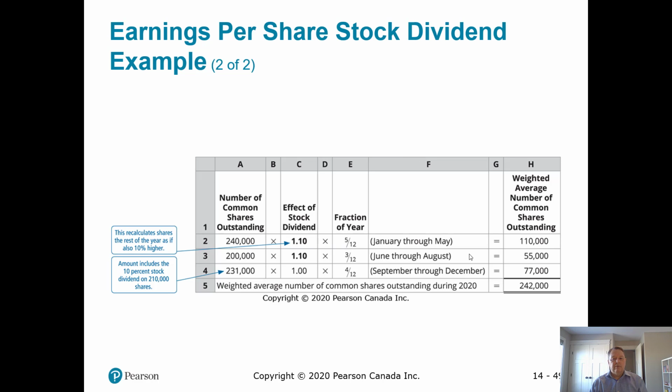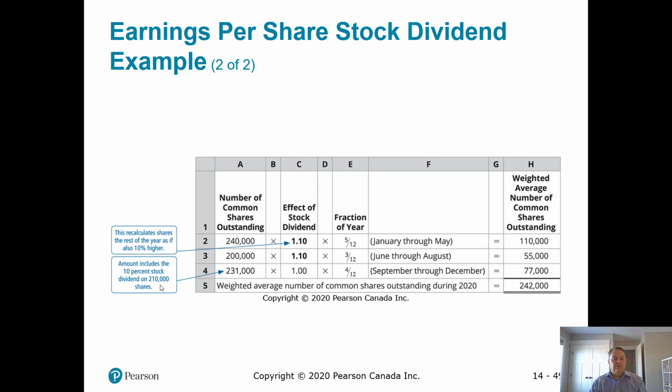5 months of 12 will give us weighted average 110,000 shares. Then during the period June through August, 200,000 common shares issued. Again, times a 10% stock dividend to get the right impact, times 3 months. And then the third number here, we know that 231,000 actually reflects the 10% stock dividend already.